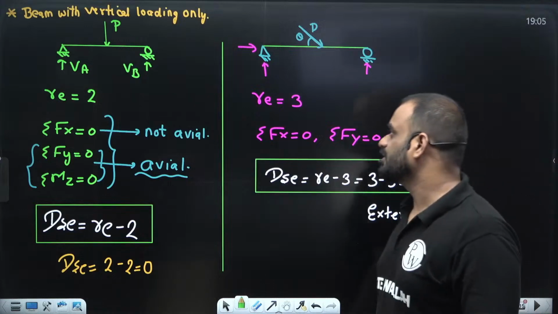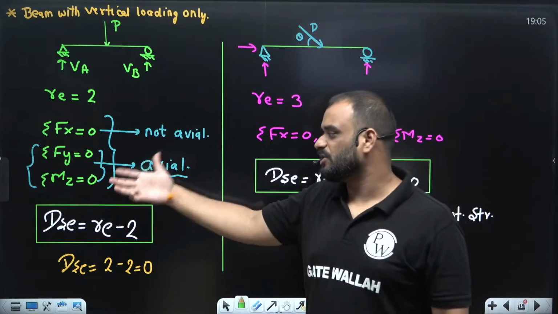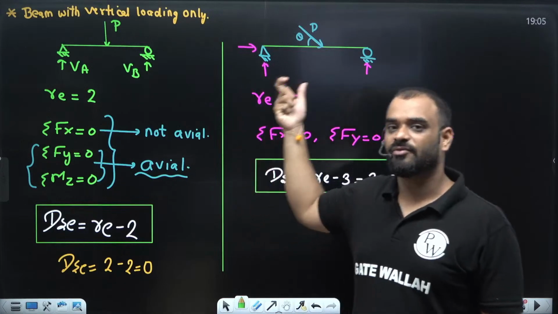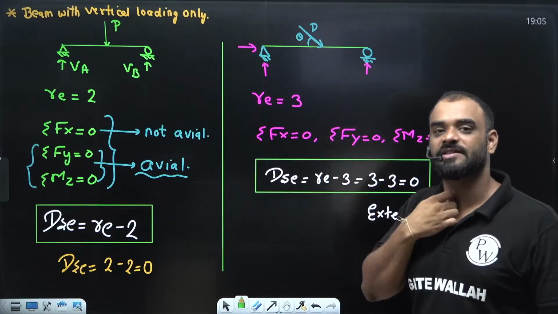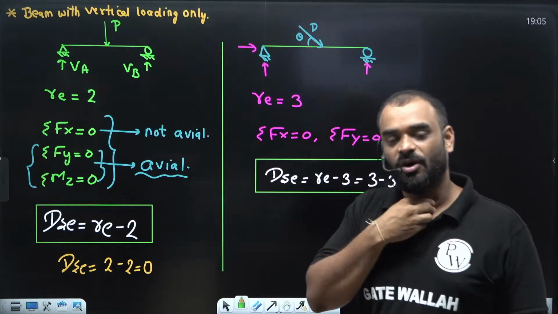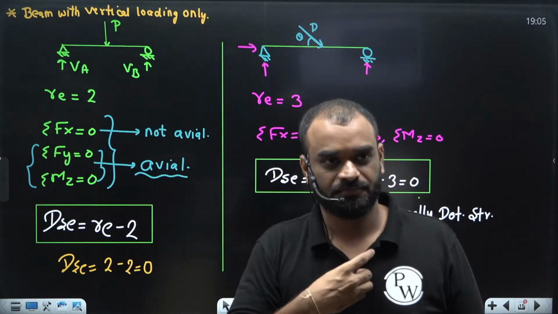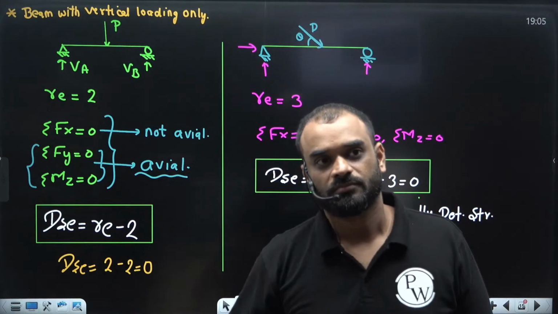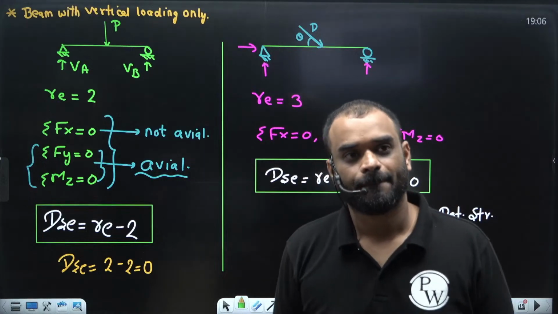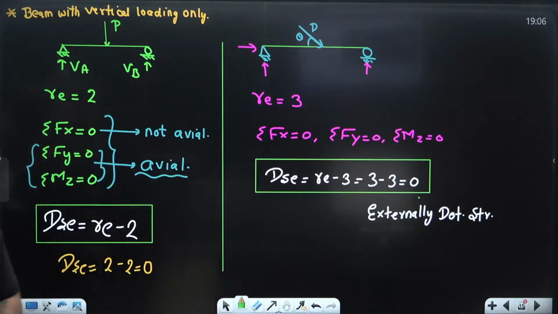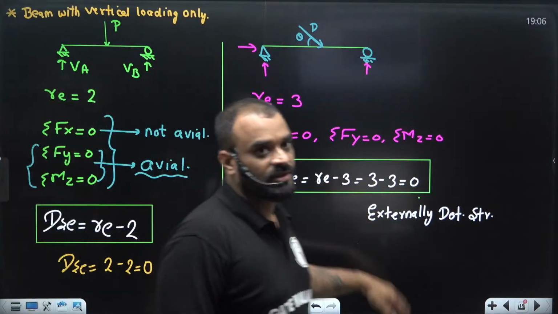While writing summation Mz is equal to 0, you will consider VA also, yes or no? So that means VA or VB, that vertical reaction will also be considered in the moment part, or these two reactions will also generate some moment. First write it down guys, then I will explain the further thing.